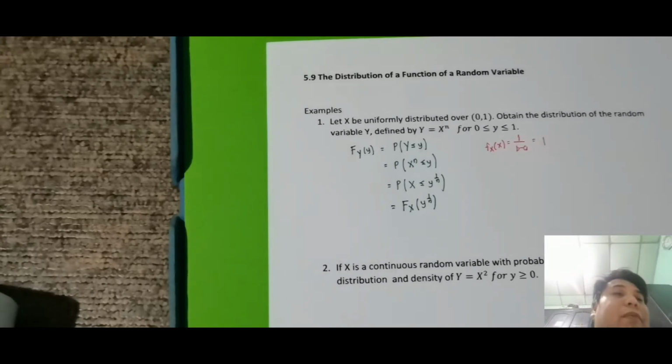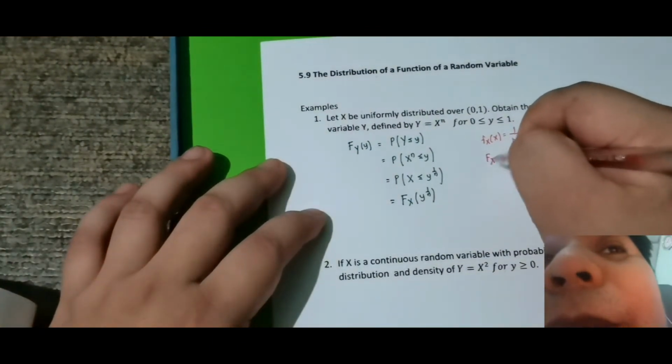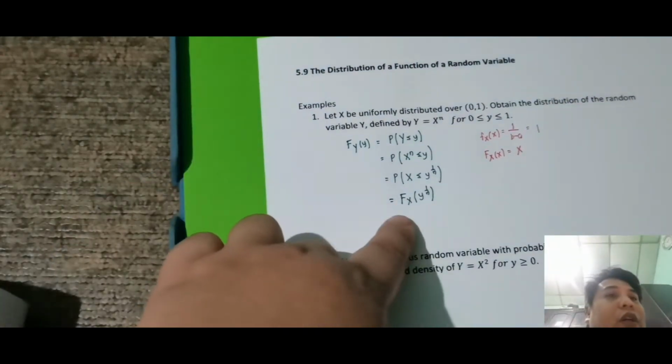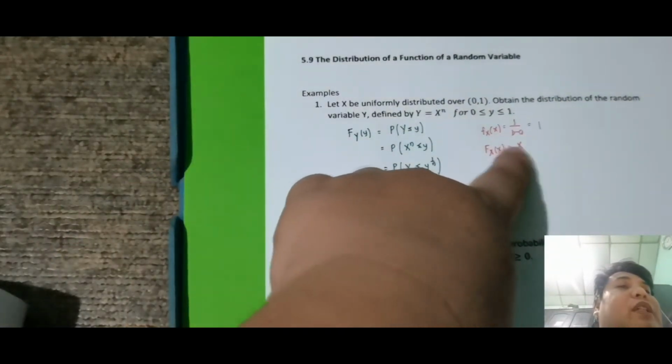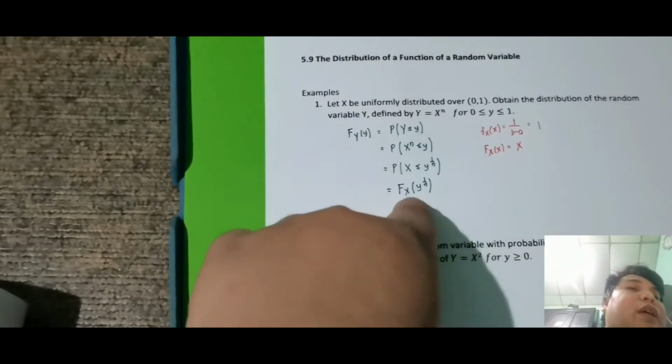Ngayon, ano yung CDF? Ang CDF is pag in-integrate. Ang integral niya with respect sa x is just, o yung PDF niya of f of x is just simply x. So therefore, ano to? So f sub x of x is simply x. Therefore, this is f sub x of y raised to 1 over n.